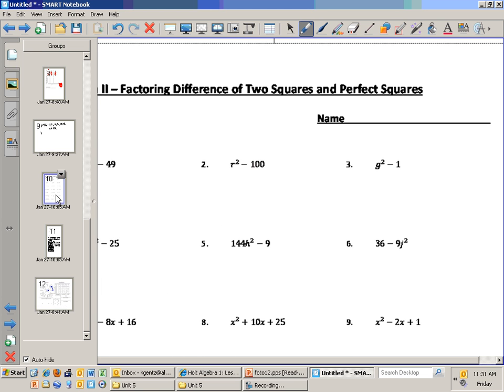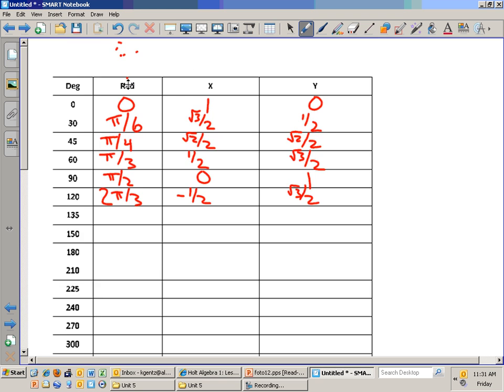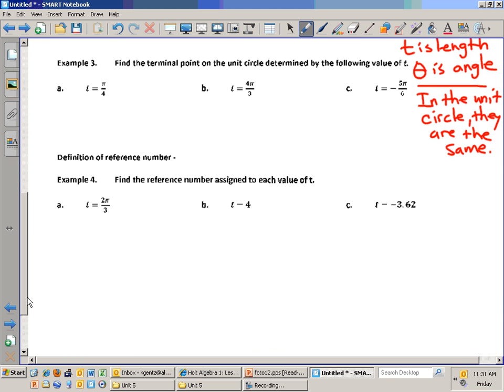So, I go back to my sheet, and I write down square root of 2 over 2, square root of 2 over 2. Next, 4 pi over 3. I go over to my unit circle. You could construct it by hand if you wanted to, which I assume you can do after we went through this.